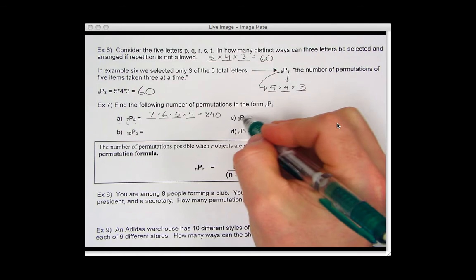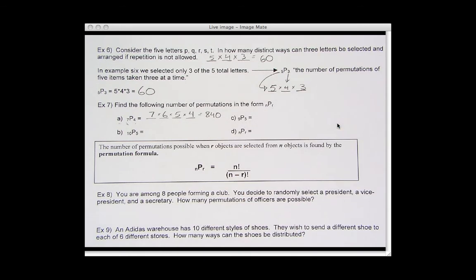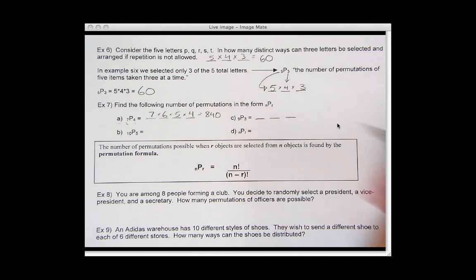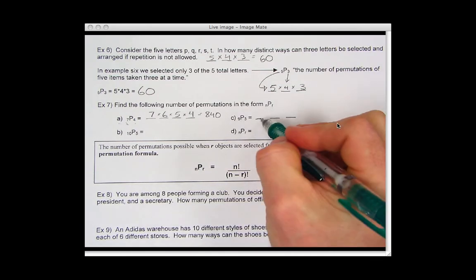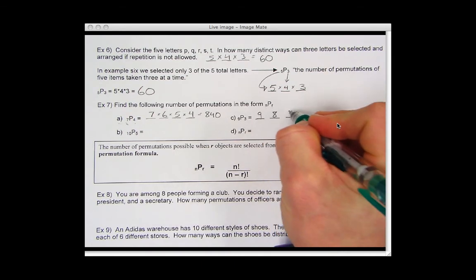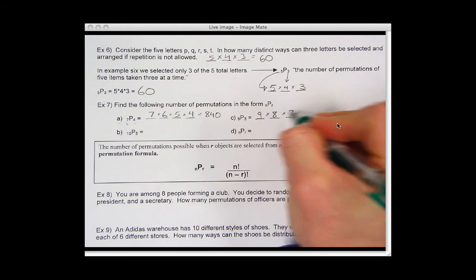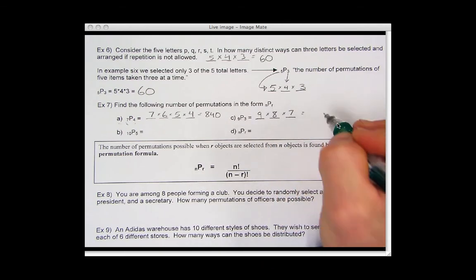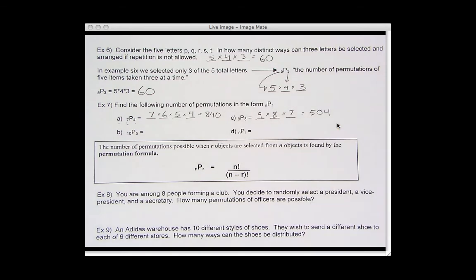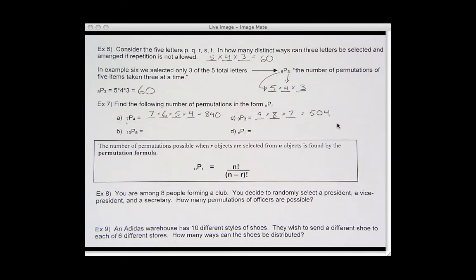Okay, so 9P3. How many slots do we have? I'm going to write it down. 3 slots. And what number do we start with? The number 9. So 9 times 8 times 7. And then we'll use a calculator to get this. Turns out to be 504. Try 10P5 on your own.